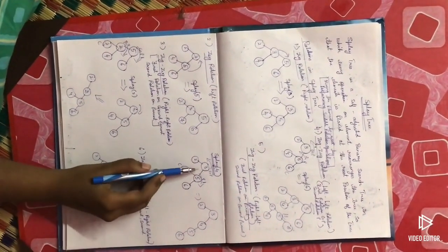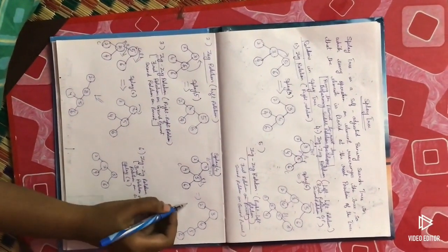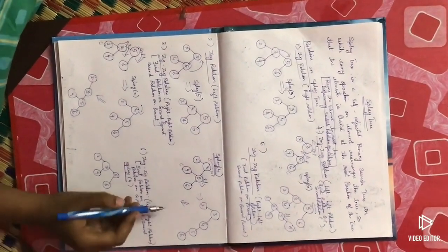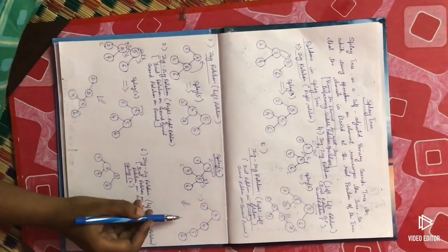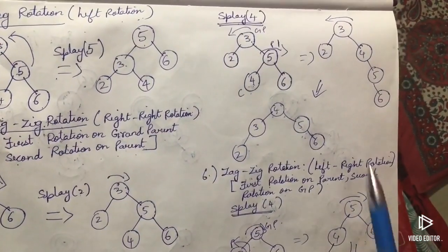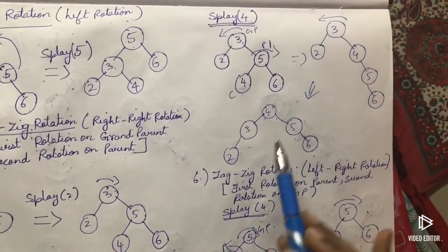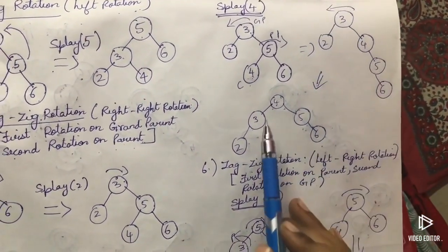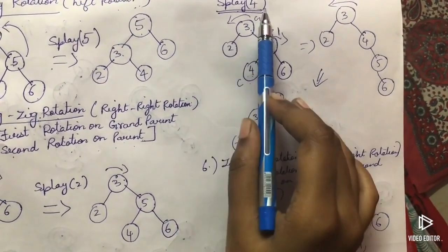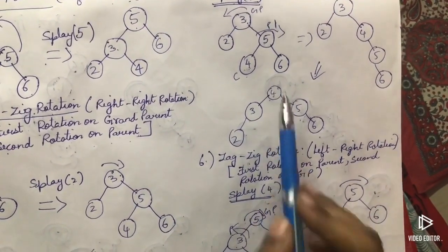So next rotation, what you have to do? Next rotation must be done on the grandparent, that also on the left side, because zag rotation. Okay, this is zigzag rotation. So now after the completion of this rotation to the right side, the grandparent is rotated. So now the diagram will be like this. Okay, now 4 is splayed to the root.